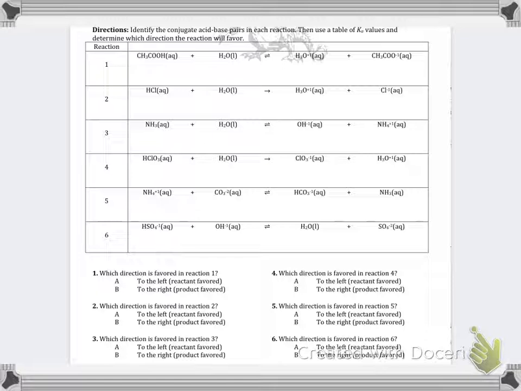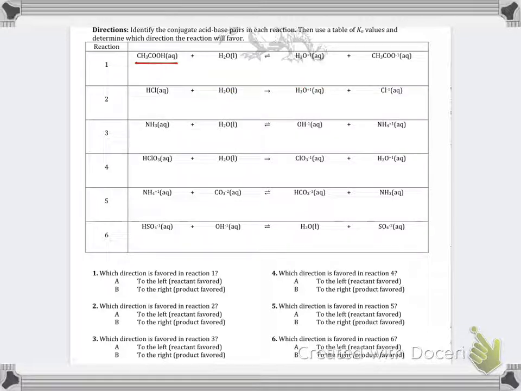Now again, the definition of a Bronsted-Lowry acid is something that loses a hydrogen, that donates a hydrogen as it becomes a product. And if you take a look, this right here is the acid in the forward direction, because as this becomes this, notice how it's losing a hydrogen.